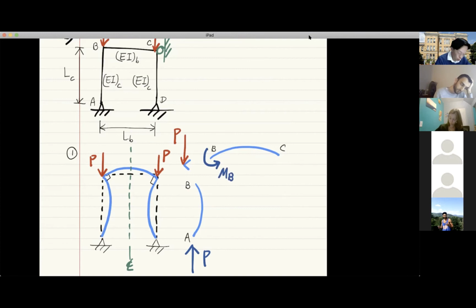If MB goes this way, the other one must go the other way. If MB goes this way, you use MB to find the shear of member AB. So what's the direction for this? In order to balance this MB, the shear force at support A must go horizontally, pointing to the left or to the right.